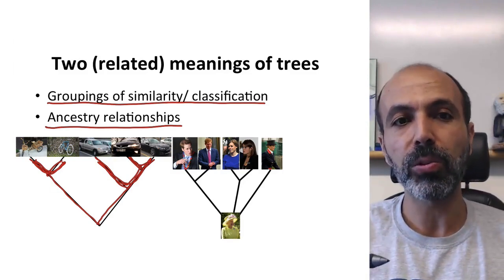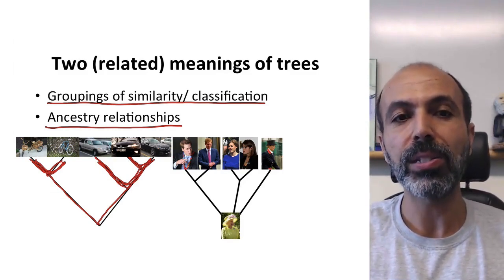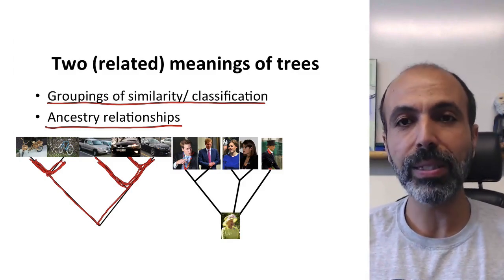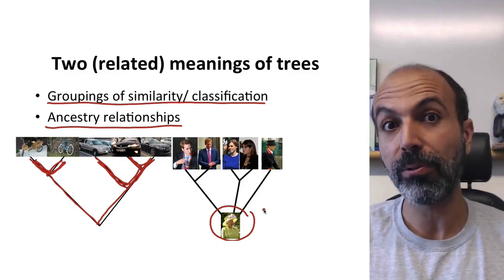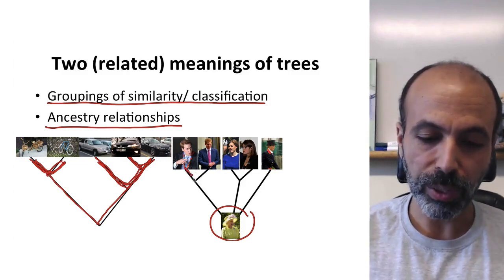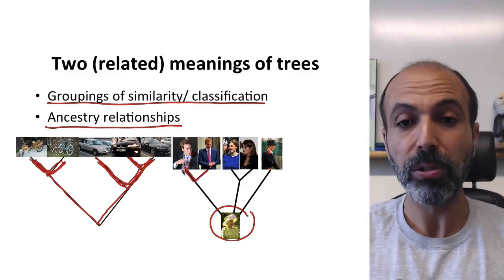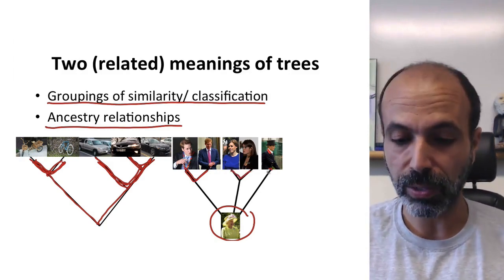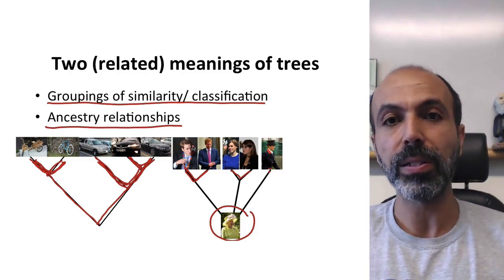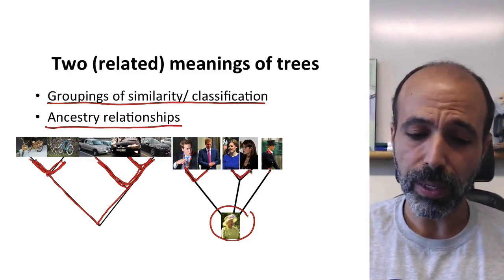Another way of looking at trees is in the context of ancestry relationships. Now, I've depicted this here with a piece of the royal family. We have Queen Elizabeth II here on the bottom, and we have several of her grandchildren. So we have Prince William and Prince Harry, who are brothers. We have Princess Eugenie and Beatrice, who are sisters, and we have Zara, who's their cousin. So if you look, these two are sisters.